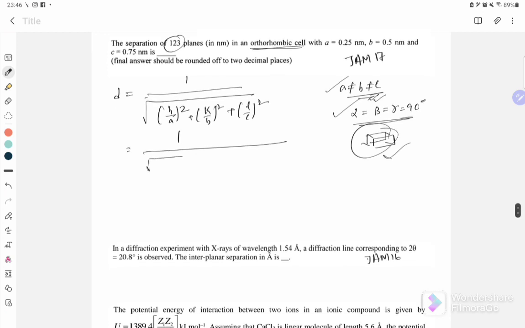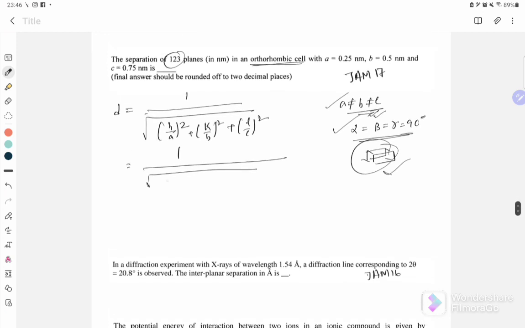Here h is 1 by 0.25 whole square, plus k is 2 by 0.5 whole square, plus l is 3 by c, which is 0.75, the whole square.